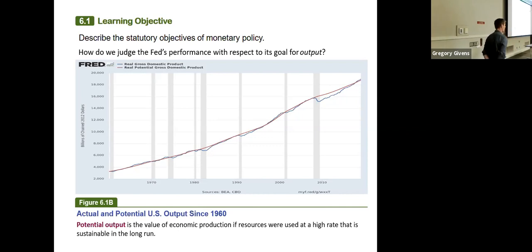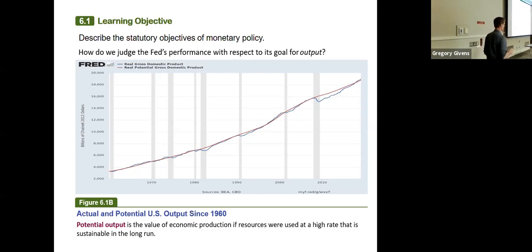This is a level of output that doesn't actually occur in the real world. It's just a hypothetical level of output that would be consistent with an economy that is using its resources fully and efficiently over time, okay?